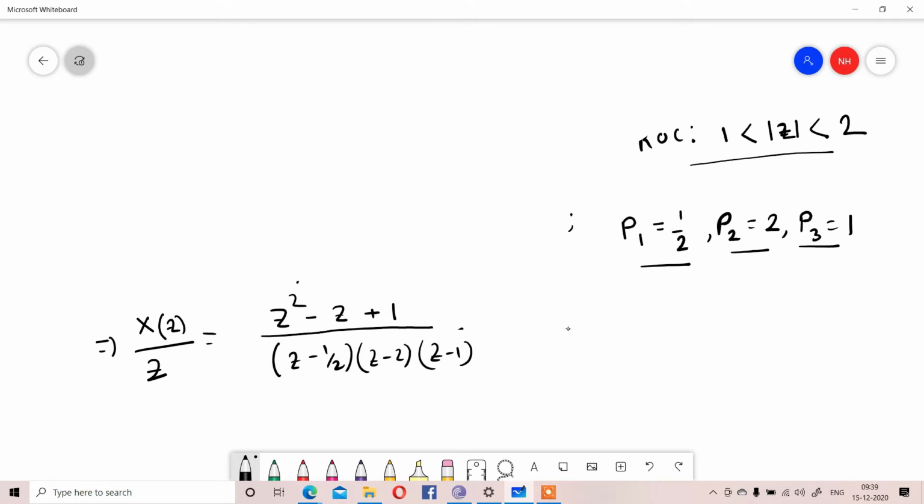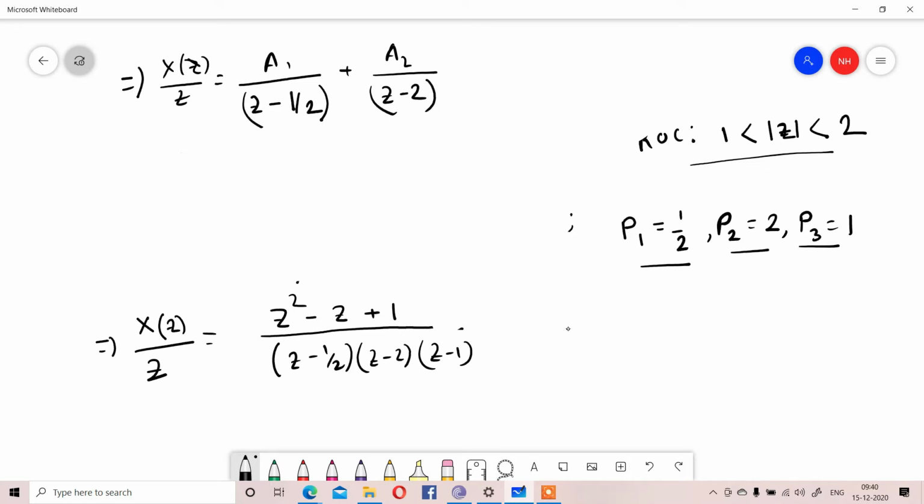Now in the partial fraction format you have to write it. So Xz by z in the partial fraction format will be A1 by z minus first pole half, plus A2 by z minus second pole, plus A3 by z minus third pole. So that is the partial fraction format, and you have to calculate values of A1, A2, A3.